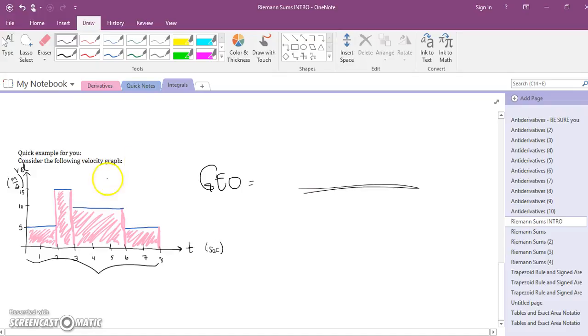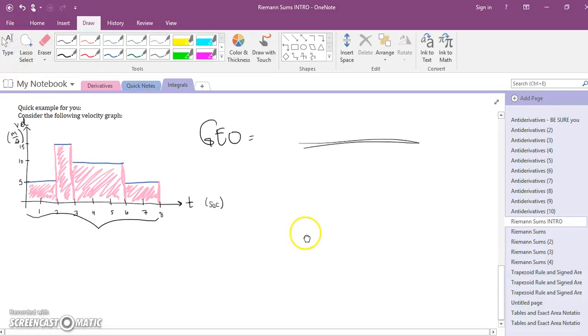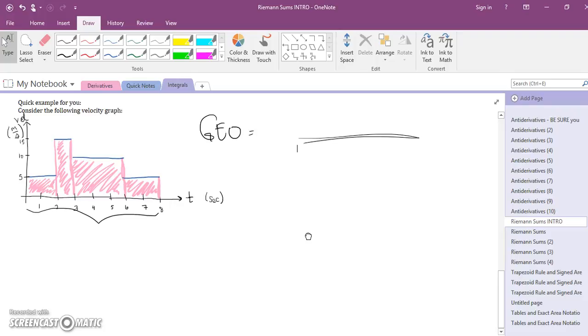We're going to be practicing geometry for a couple days before we get to the actual calculus part of it. And the lead-in to Riemann sums, so you're about to go watch the actual Riemann sum notes, is what if we have a velocity function that doesn't look like this? It's not a nice one with straight lines. What if we have a velocity function, and most of them are not going to be nice ones, time and velocity.